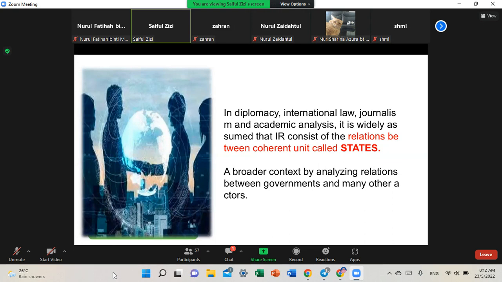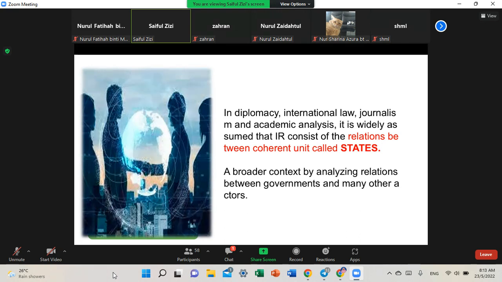So in diplomacy, international law, journalism, and even academic analysis, it is widely assumed that IR consists of the relations between coherent units of states. Okay, a broader context by analyzing relations between government and many other actors. So the first assumption that we have about the actors in international relations is that it only focuses on relationships between states.